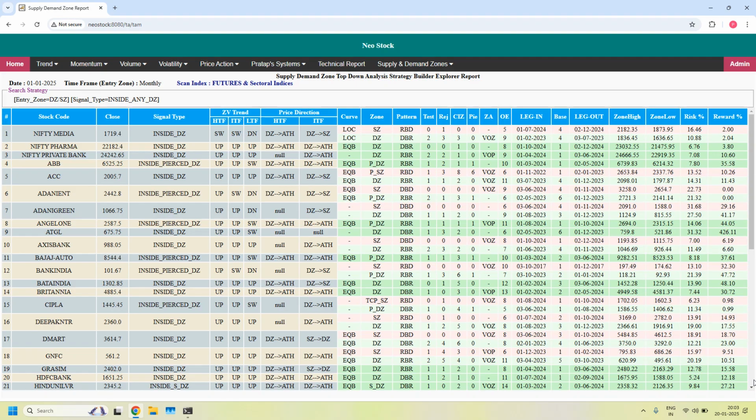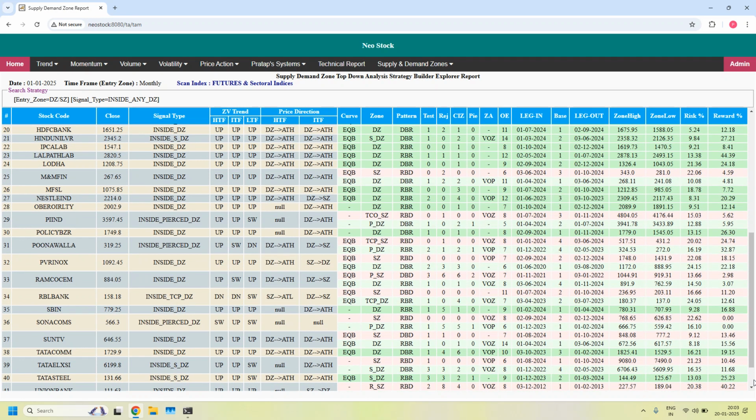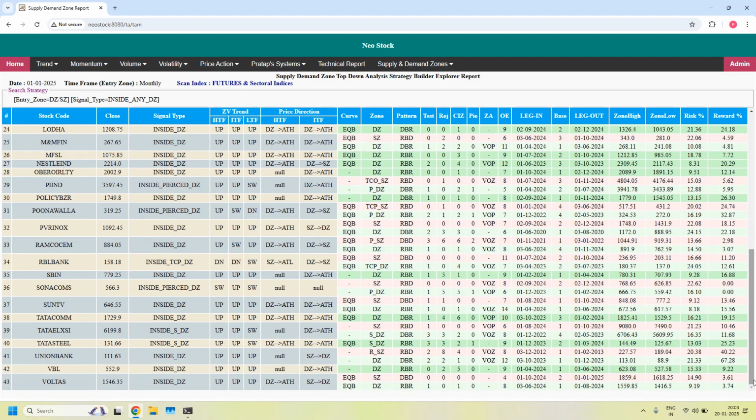I am scrolling the list down. So total 43 stocks are filtered where price closed inside the monthly demand zone. We can further filter this list based on the monthly demand zones having monthly EMA Confluence.